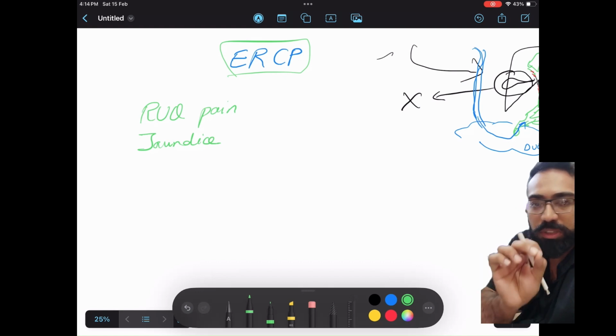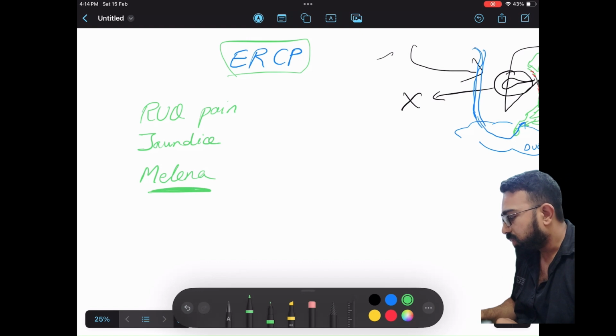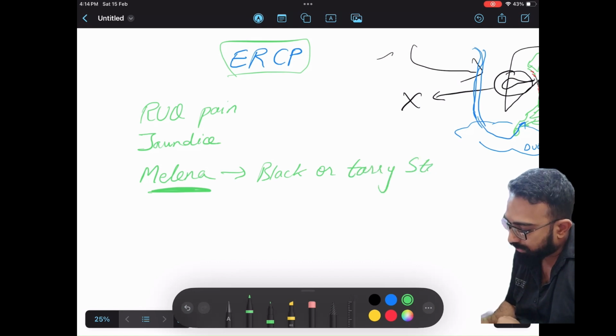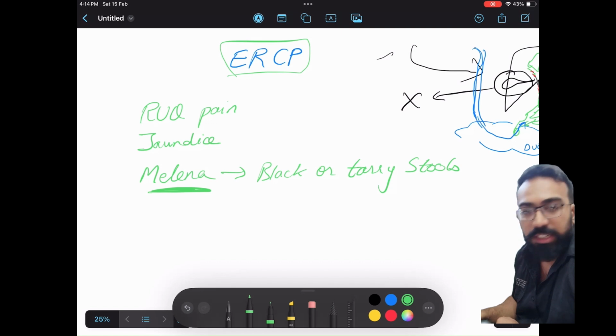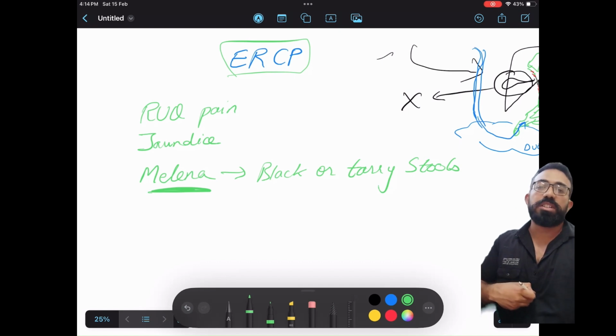But this is the unique finding: he has melena. What is melena? Melena is black or tarry stools. It indicates upper GI bleeding, that there is bleeding somewhere in the upper GI tract.